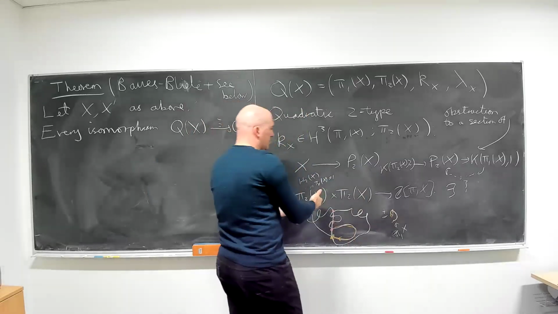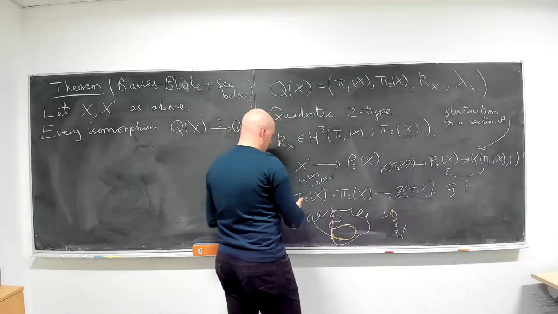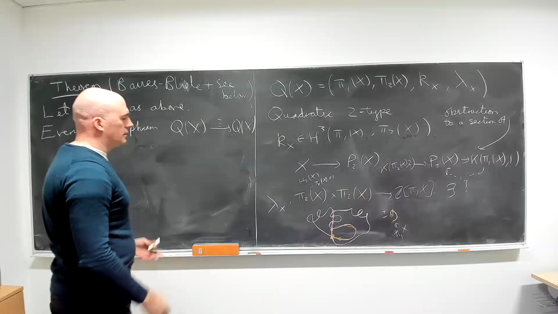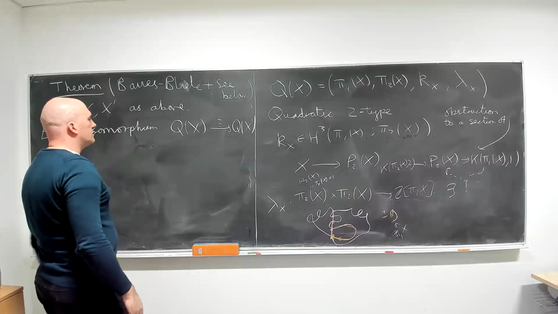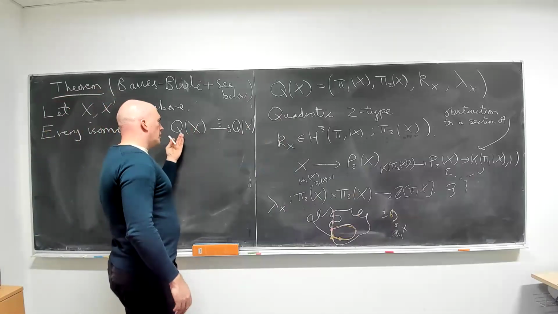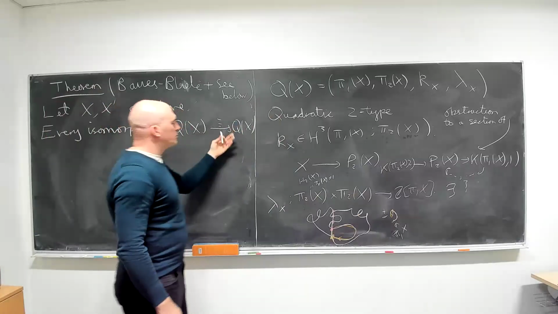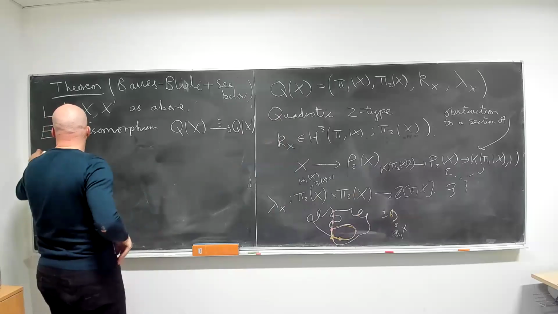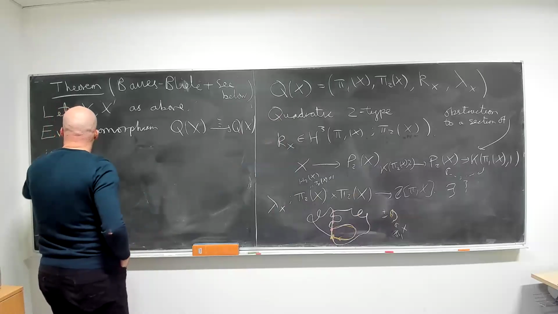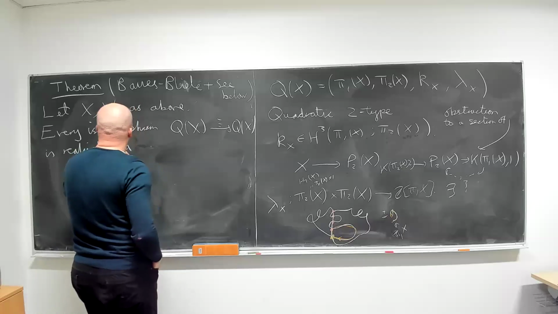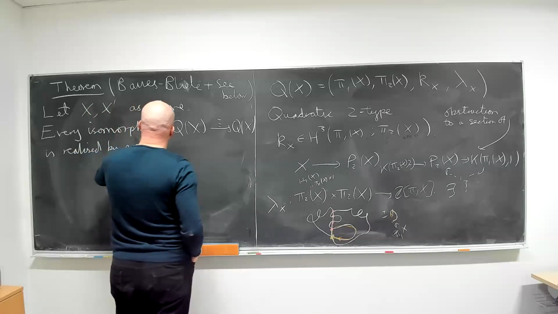And then again, you can consider isometries between the two intersection pairings. So that's the notion of isomorphism between these tuples. And if we have such an isomorphism, then it's realized by a homotopy equivalence.